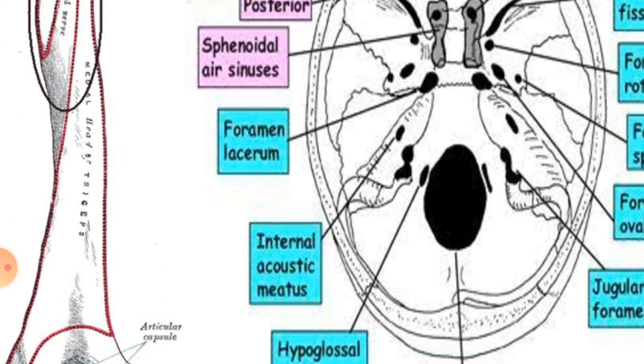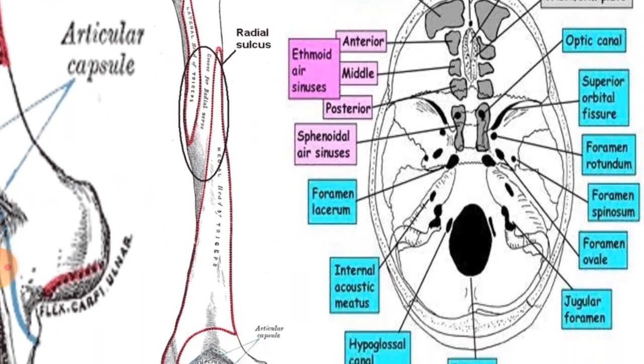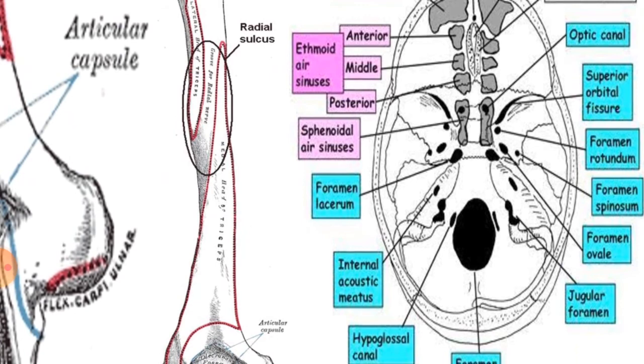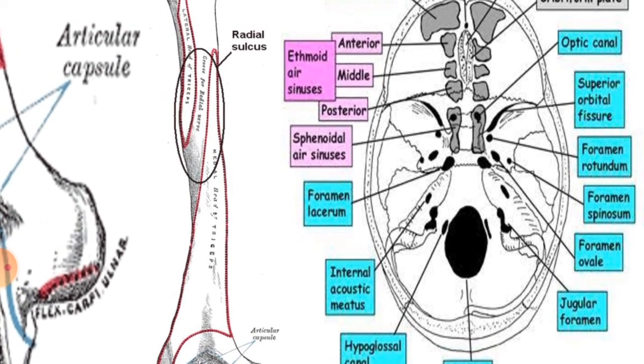The biggest foramen is called the foramen magnum, which connects your skull with your spine. Similarly, you can appreciate the foramen lacerum, jugular foramen, from where the IJV passes.